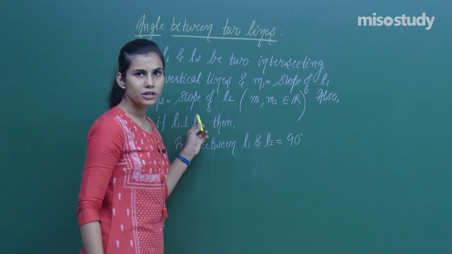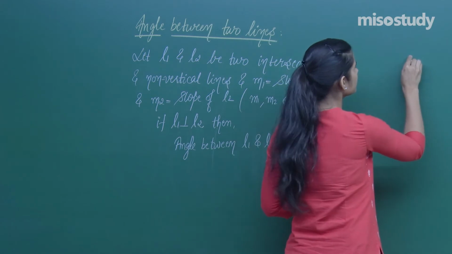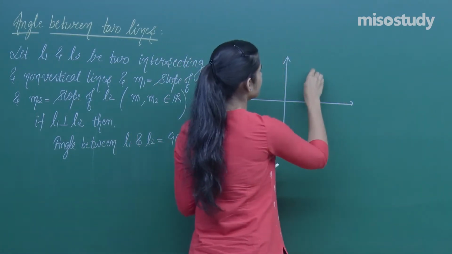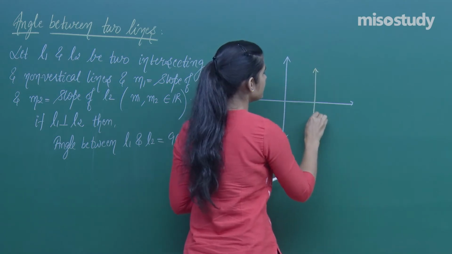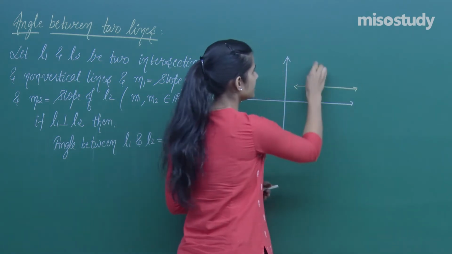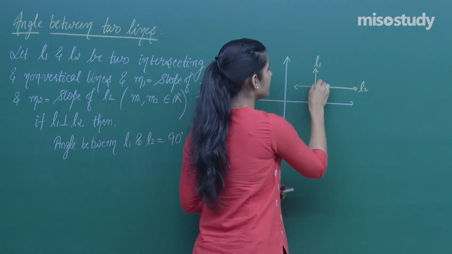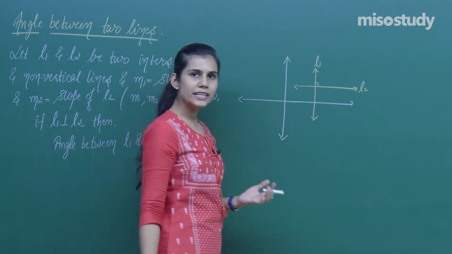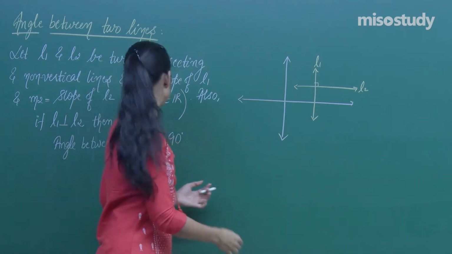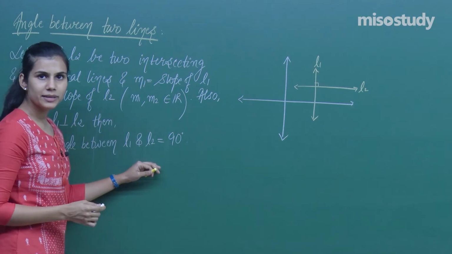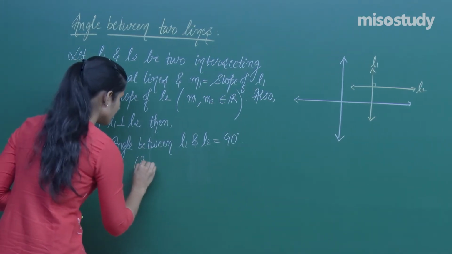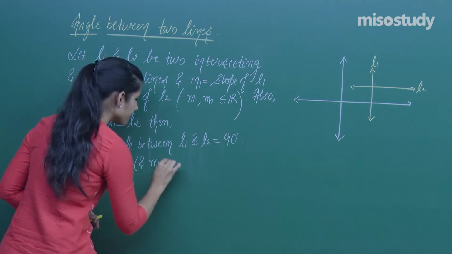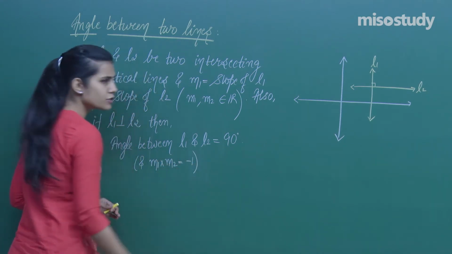Suppose this situation occurs, something like this, that say one is this line, other is this line, this is L1 and this is L2, and you can see that they are perpendicular to each other. In this case, the angle between the two lines will be 90 degrees, right? And you know that if two lines are perpendicular, the product of their slopes is -1.